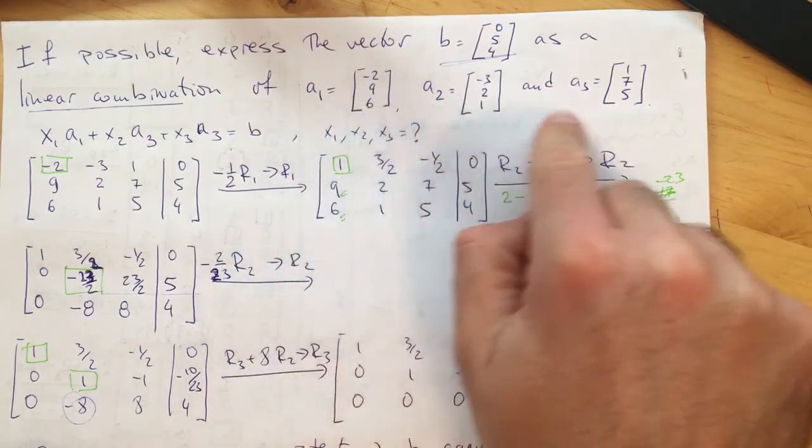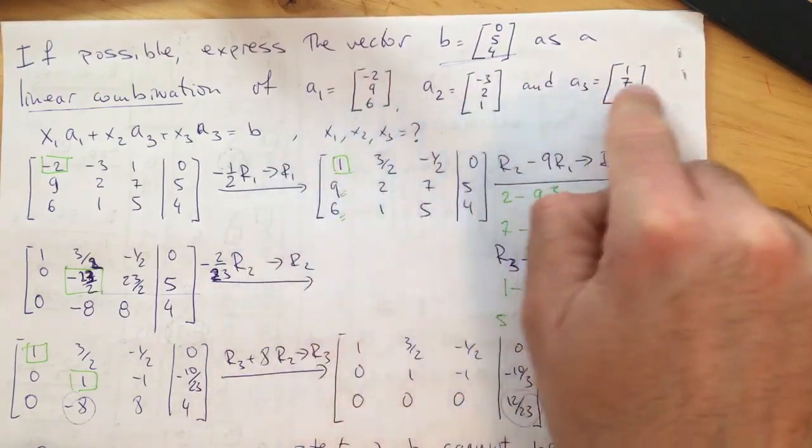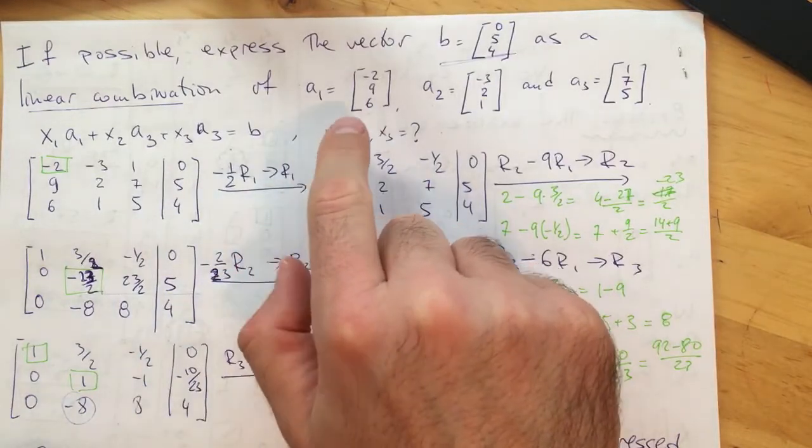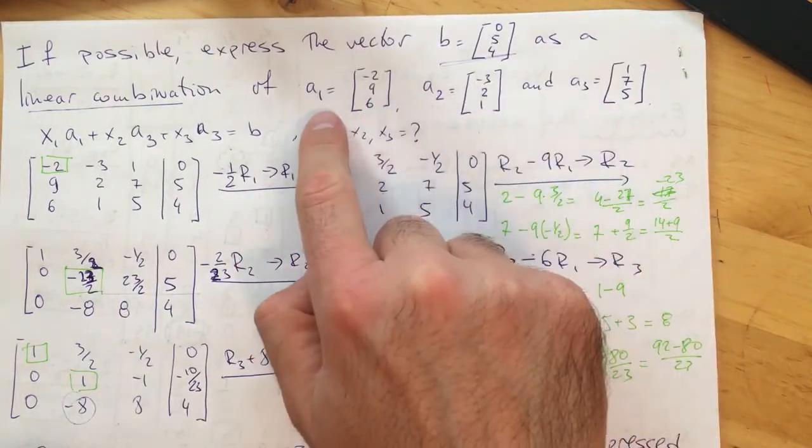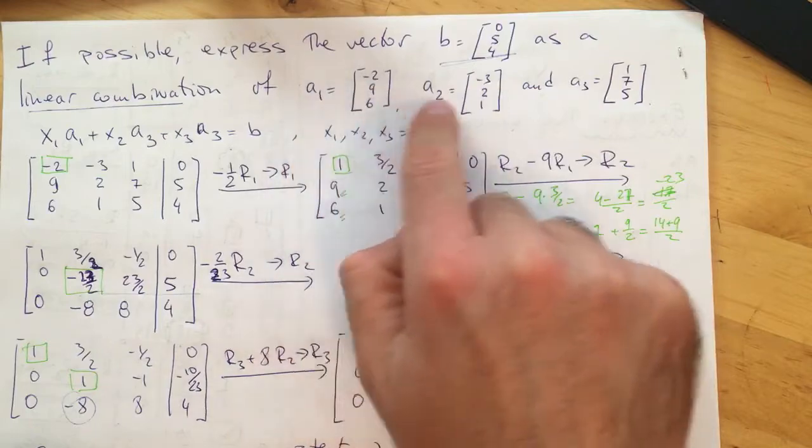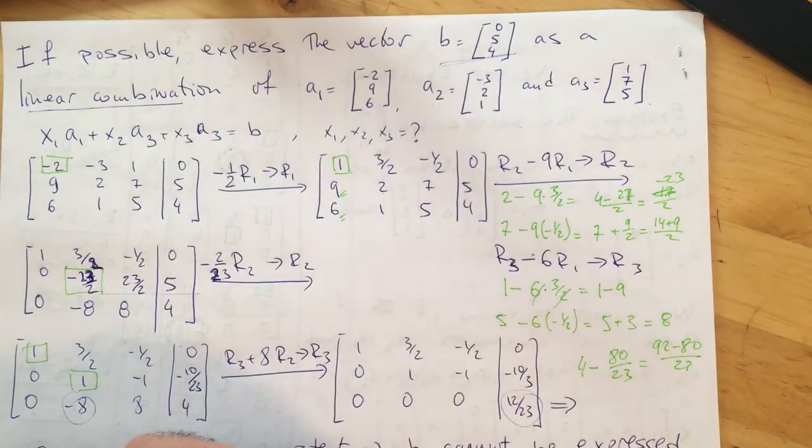What would be the geometrical interpretation of the span of this? Or in other words, what would be the geometrical interpretation of all the linear combinations of these three vectors?